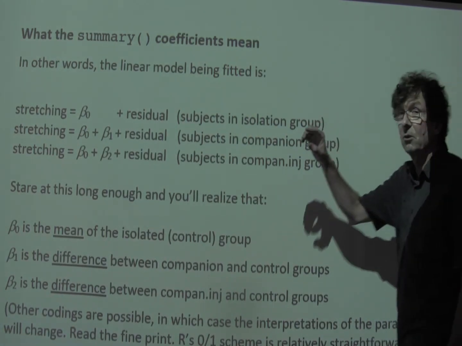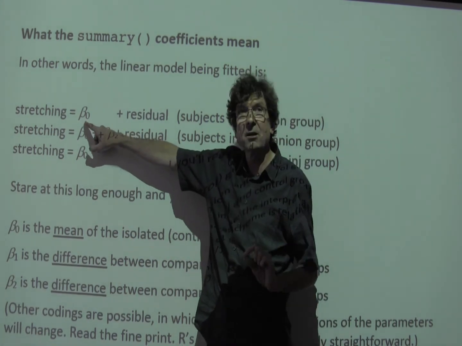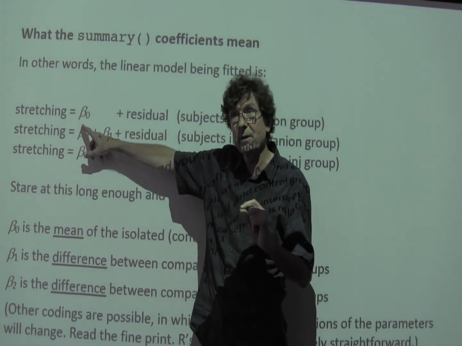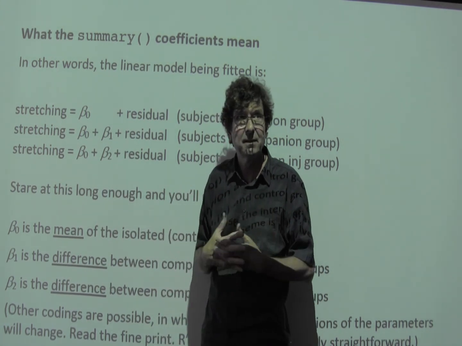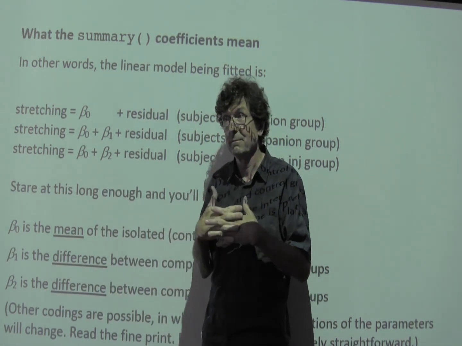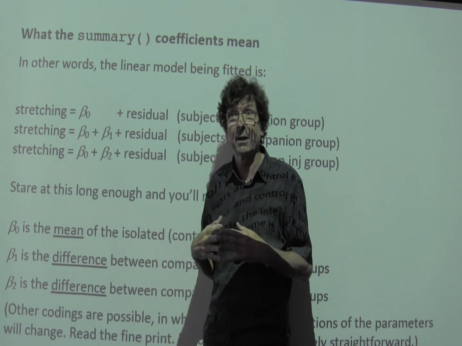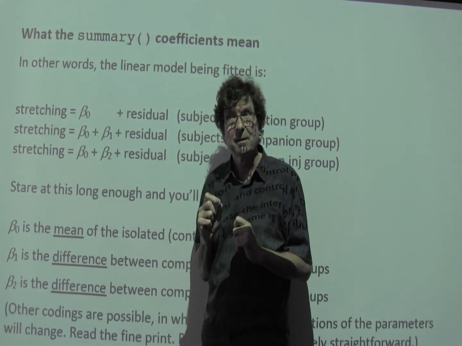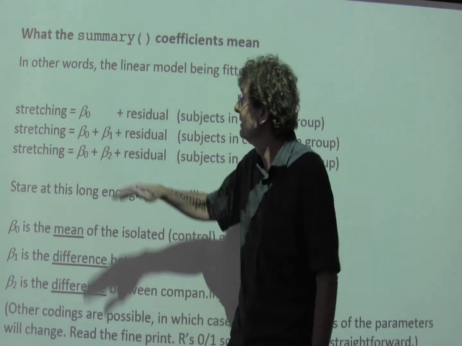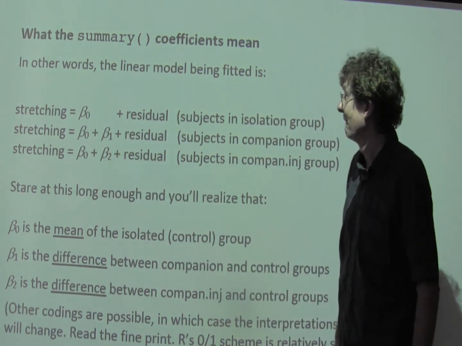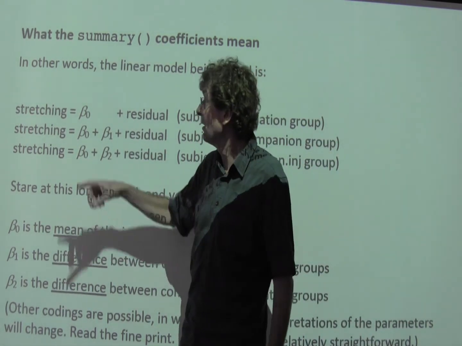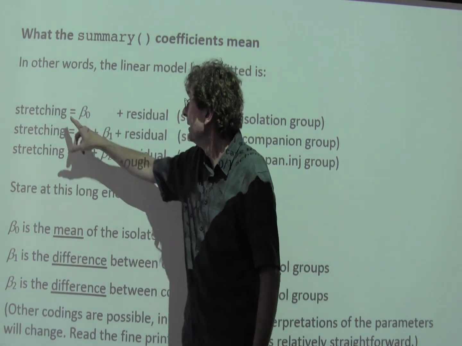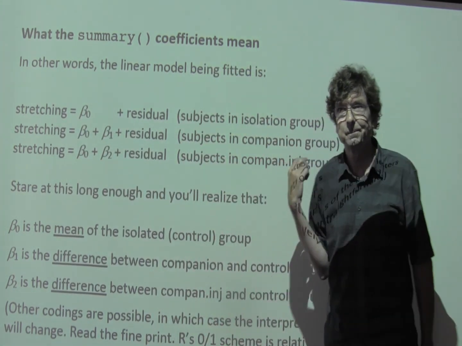If you're in the first group, the model being fit is a constant. What do you get when you fit a constant to a set of data? It's the simplest possible linear model, fitting a constant, and it's just fitting the average, exactly. What that means, in interpreting these coefficients, is that beta naught is the mean of the first group.